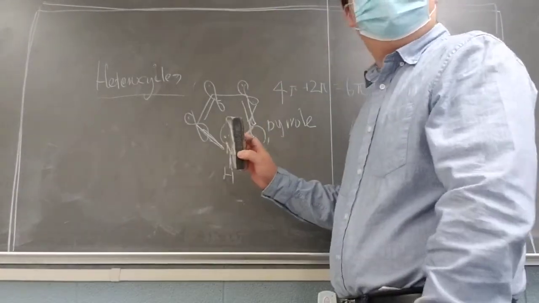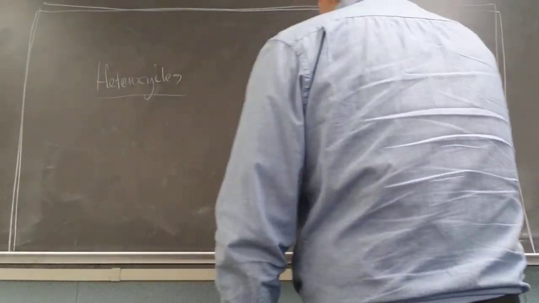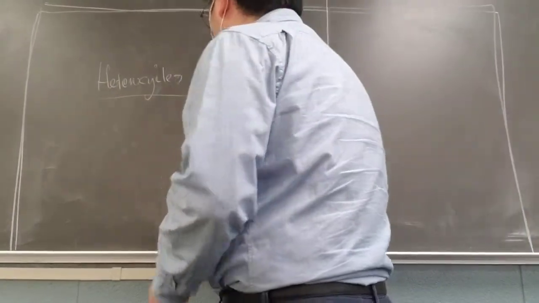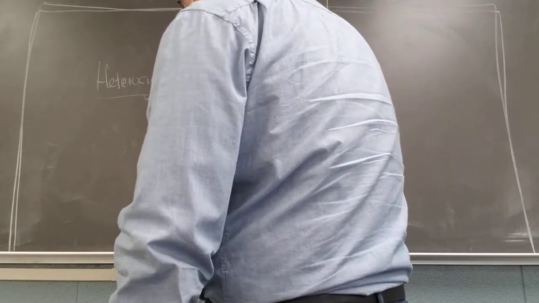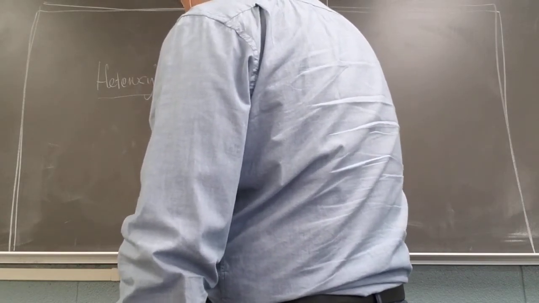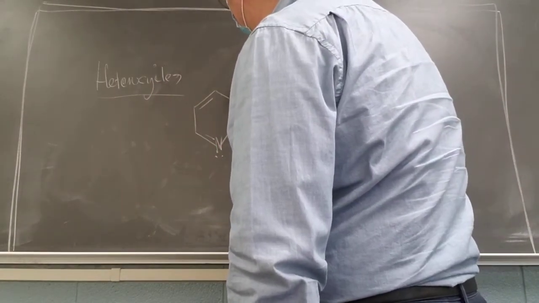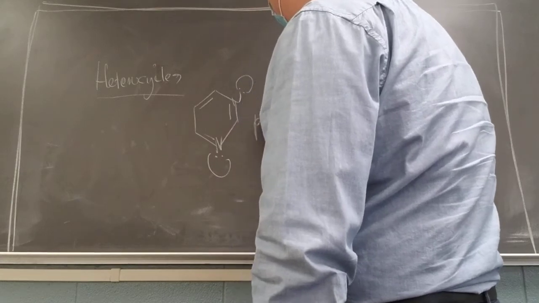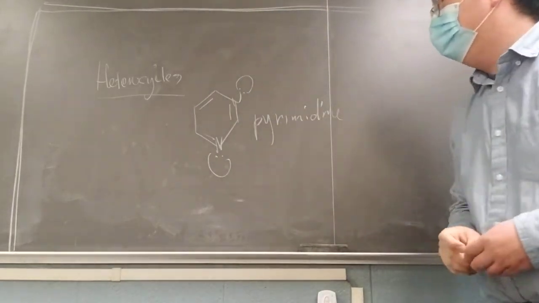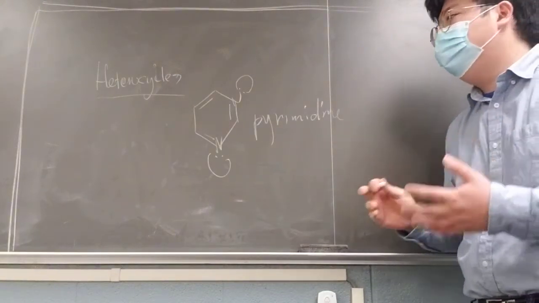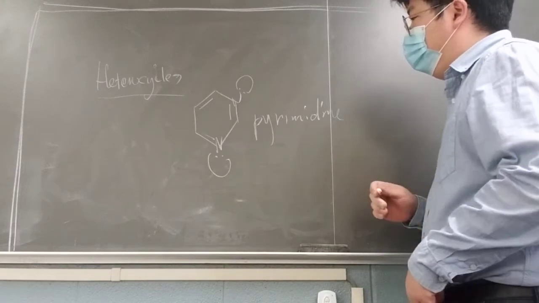Okay. Makes sense, right? Good. So if that is the case, we have this almost the same. This is what we call pyrimidine. In this case, we have 2 nitrogens instead of the 1 that we saw in pyridine. So we call this pyrimidine.